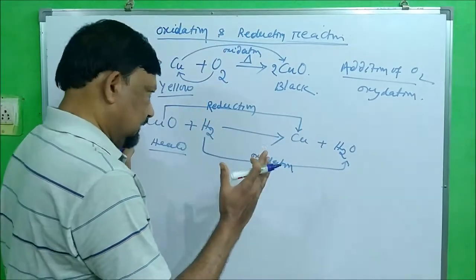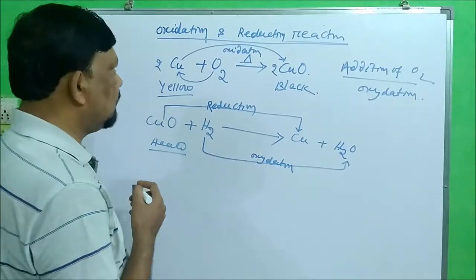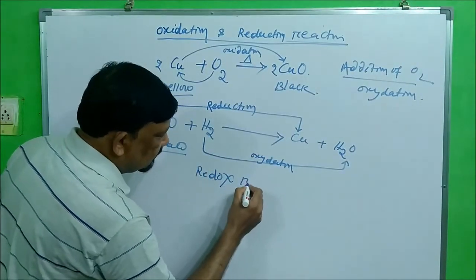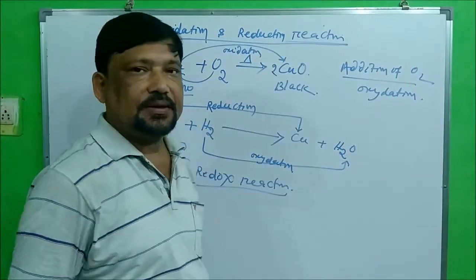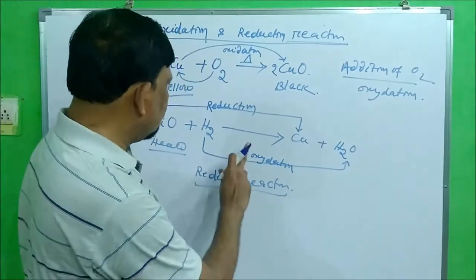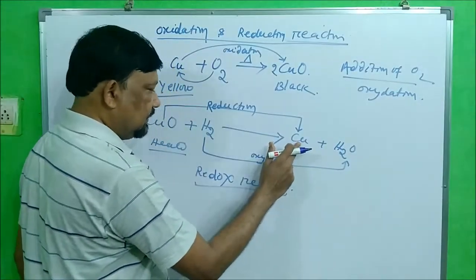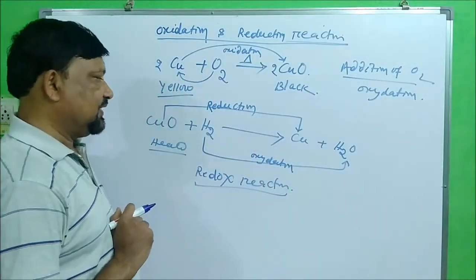And such a reaction where oxidation and reduction are a simultaneous process is called redox reaction or oxidation reduction reaction. So what happens here? Loss of oxygen, reduction, gaining of oxygen, oxidation.